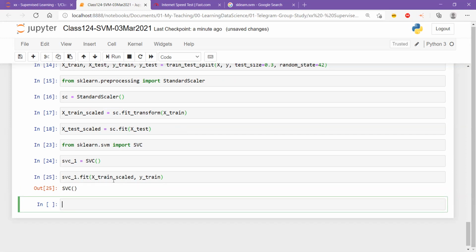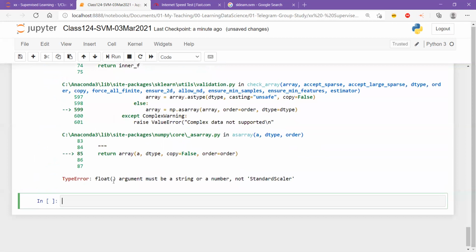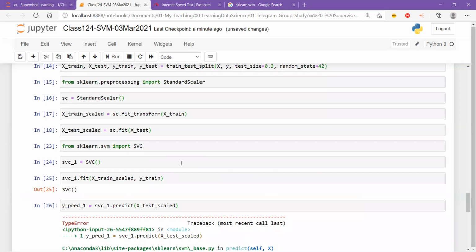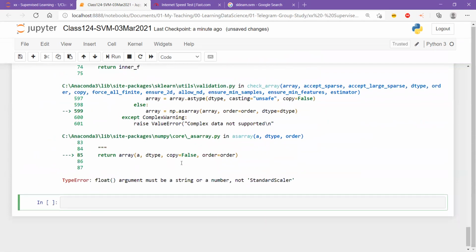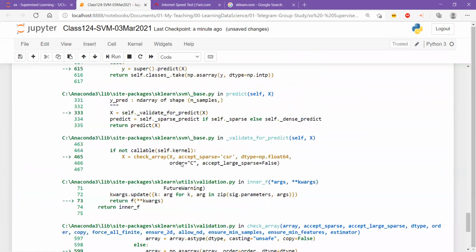So I'm going to take y_pred1, and I'm going to do svc_1.predict, and I'm going to pass the x_test_scale. Right. So now this is going to be an error. Float argument must be a string or a number, not standard scaler.